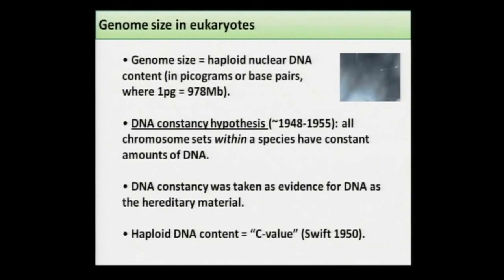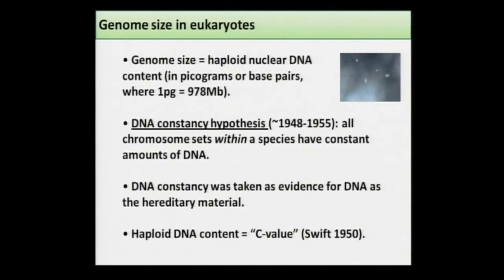When I say genome size, I'm going to be meaning the amount of DNA in one copy of the genome. In the 1940s and early 50s, it was observed that the amount of DNA per genome was relatively constant within a given species. That is to say, all the individuals in a species and all the cells in an individual organism have the same amount or some multiple of that amount.